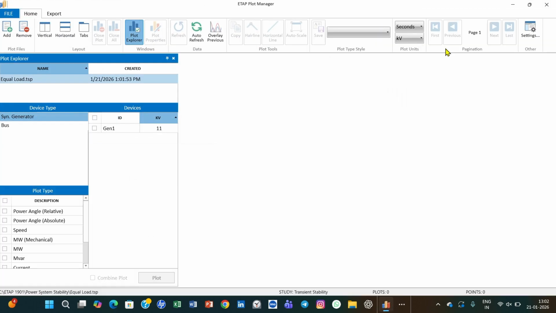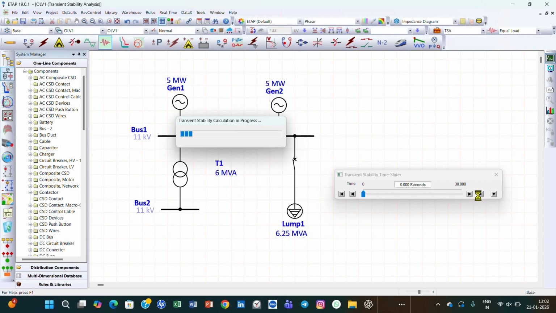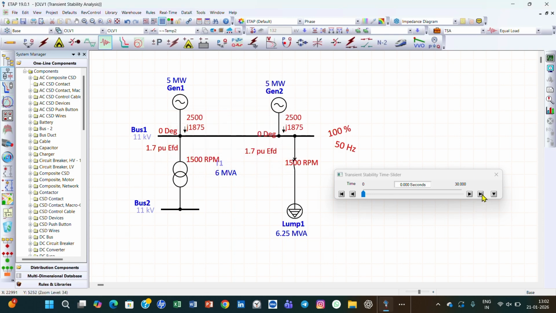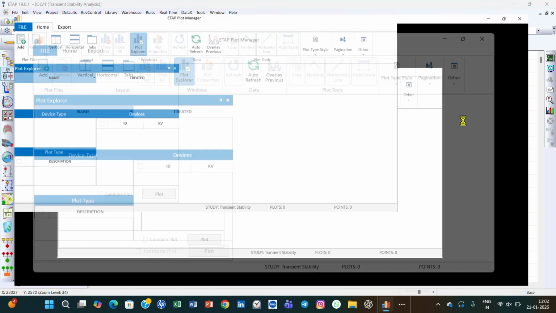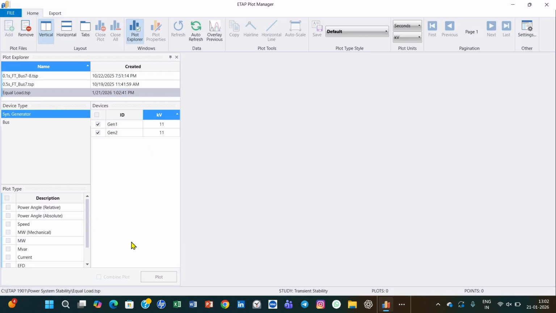One minute, we have to select here TSA and run transient stability. Now it is coming properly. Now we can go to plots, and now both generators are coming.